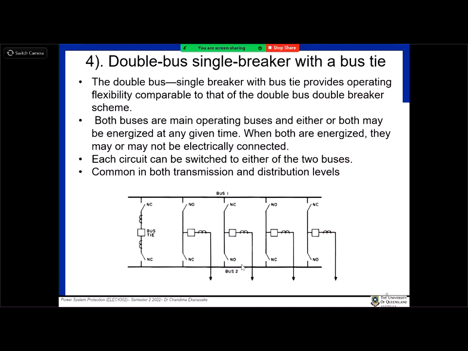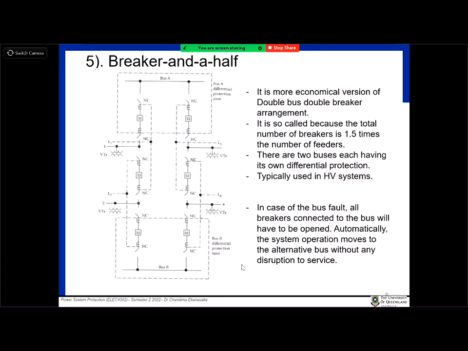This is common in transmission and distribution, which is cheap. This is a very common one with very high reliability. It's called breaker and a half.